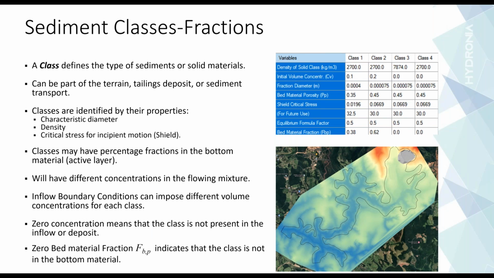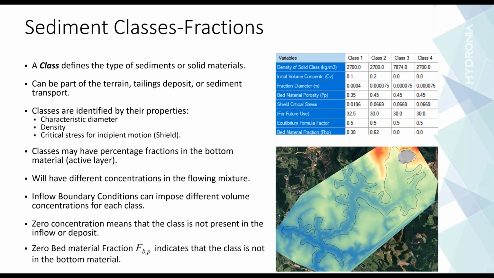In RiverFlow2D, you can model the material with multiple classes of sediment or multiple types of sediment. So a class is defined by different types of sediment or solid material and can represent different materials for the terrain, the deposit, or the flowing material as well.